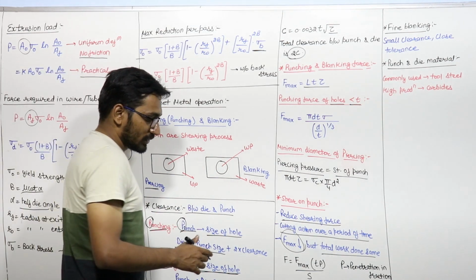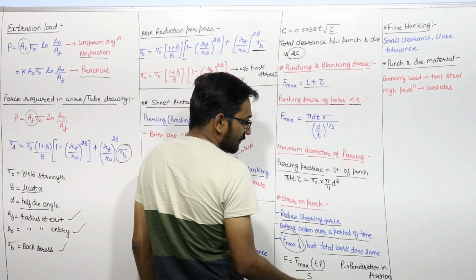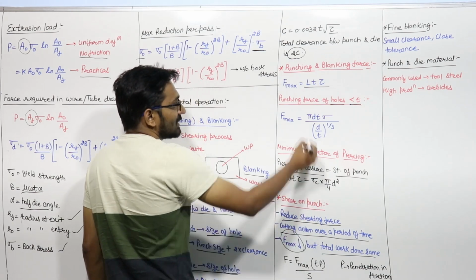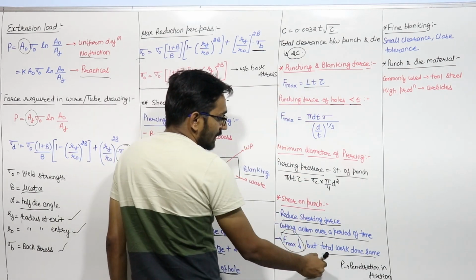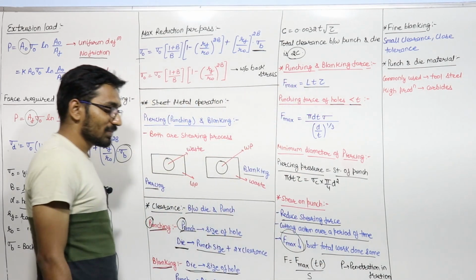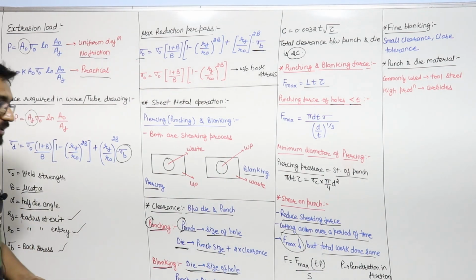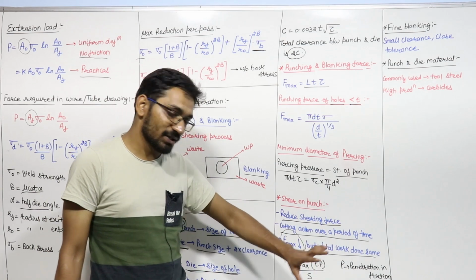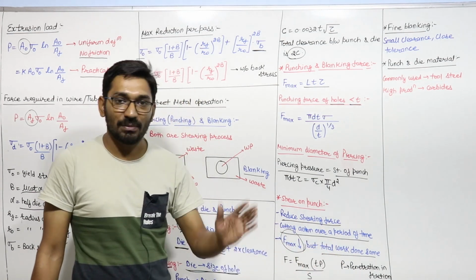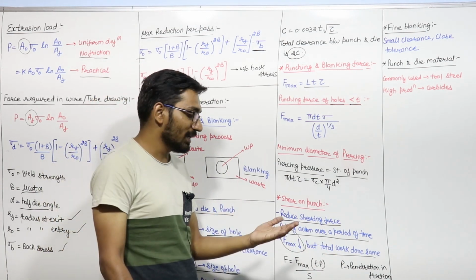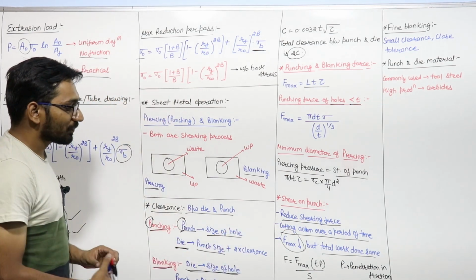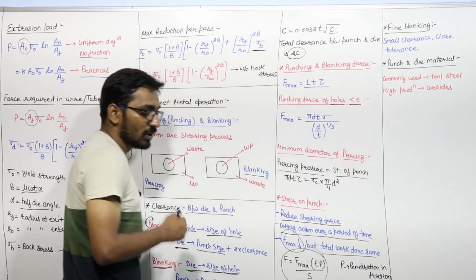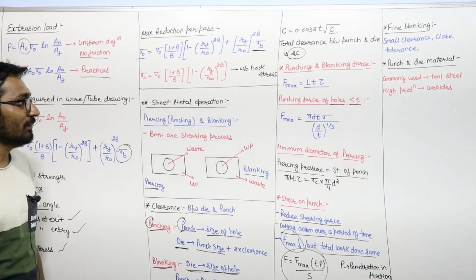So the force required because of shear will be F max, that is L T tau into T P divided by S, where T is the thickness of the sheet, P is the penetration, how much penetration you provide in fraction, and S is the shear on the punch, how much shear you give the punch. So the force because of this shear on the punch will be F max into T P by S.